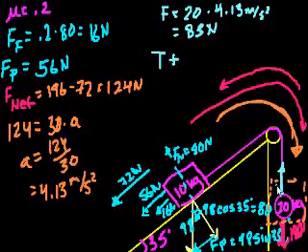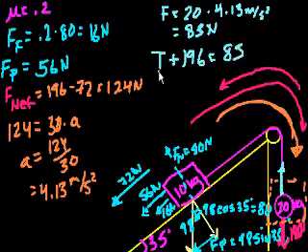So the force of tension, which goes up, plus the weight, the force of gravity, is equal to the net force. And the way I set this up, tension is going to be a negative number, just because I'm saying positive numbers are downwards, so a negative number would be upwards.